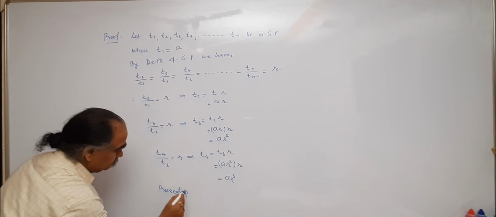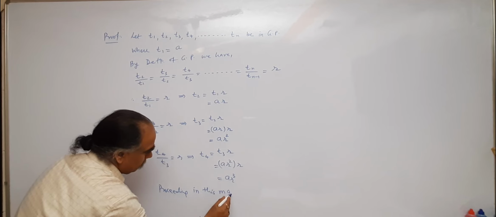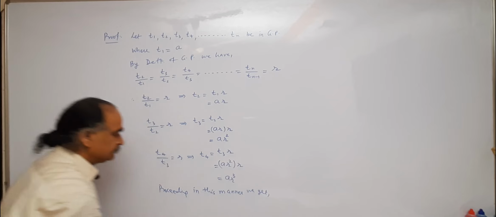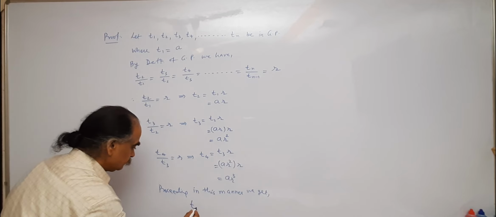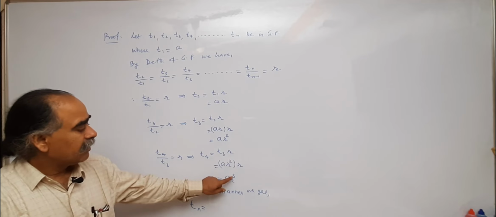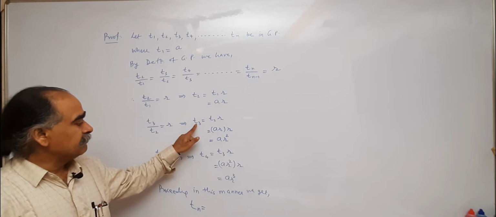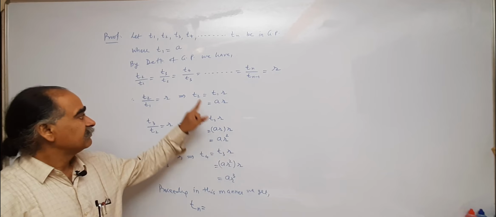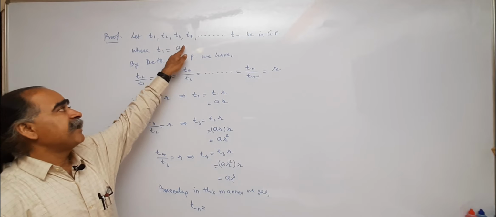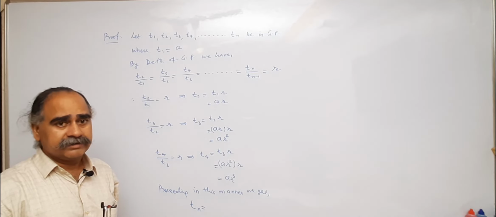Proceeding in this manner, we get, look here, the fourth term has R power 3, the third term has power of R 2, the second term has power of R 1, and the first term has power of R 0, because R raised to 0 is 1.